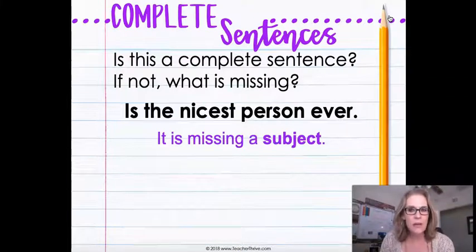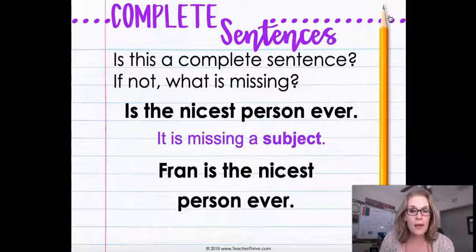It's not complete, right? To be a complete sentence, it needs a subject and a predicate. Fran. Oh, it's about Fran. Fran is the nicest person ever. Okay, now it's a complete sentence because we have a subject, Fran, the who or the what, and is the nicest person ever. That's our predicate. What about Fran?